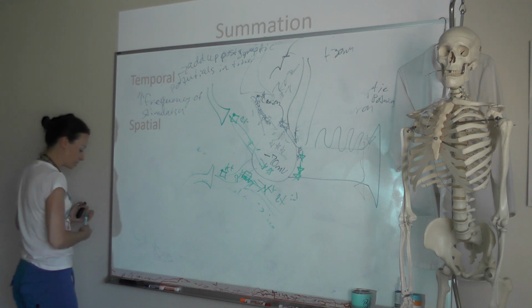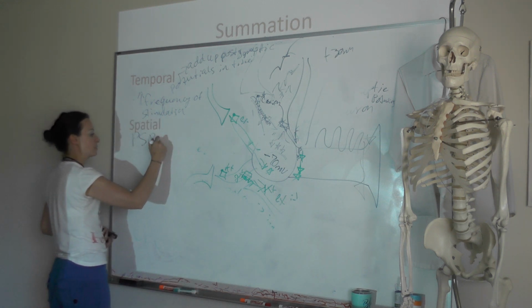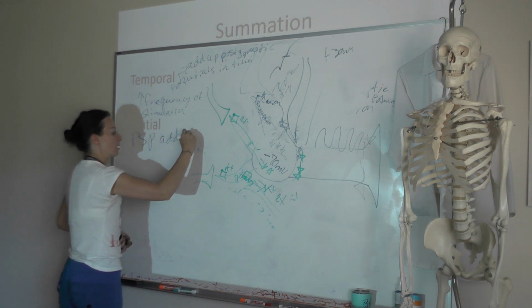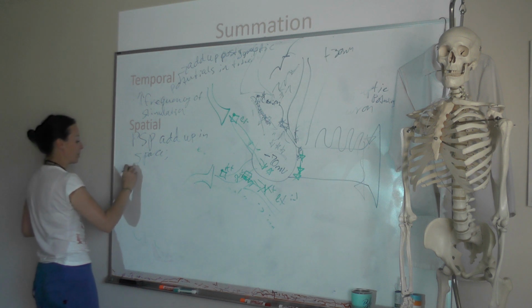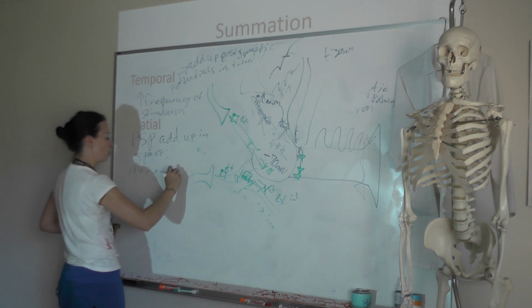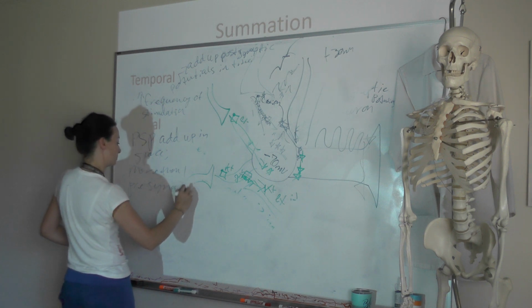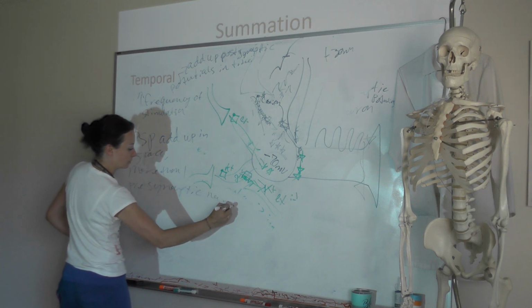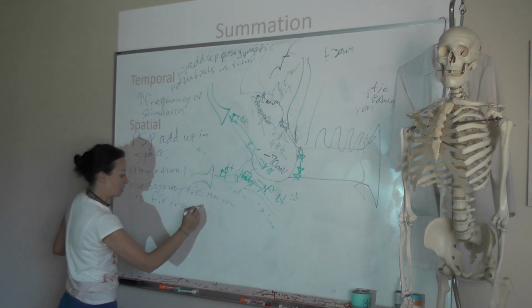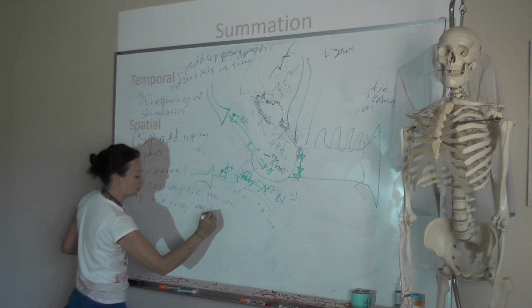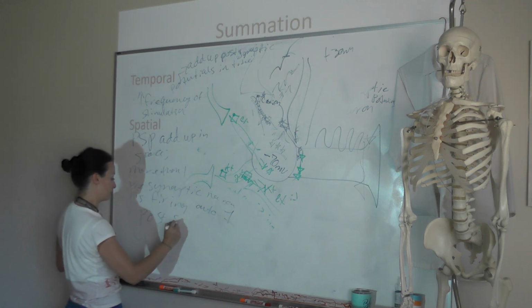So spatial summation occurs when our postsynaptic potentials add up in space, or we could say more than one presynaptic neuron is firing onto one postsynaptic neuron.